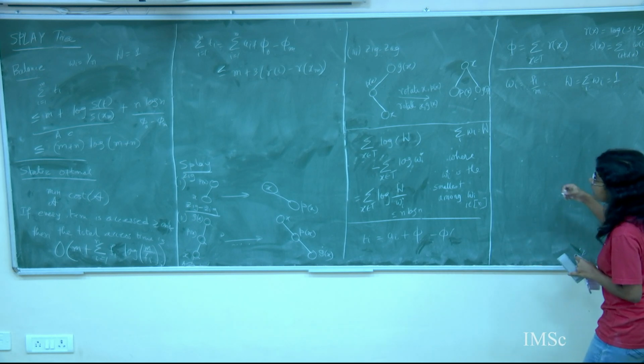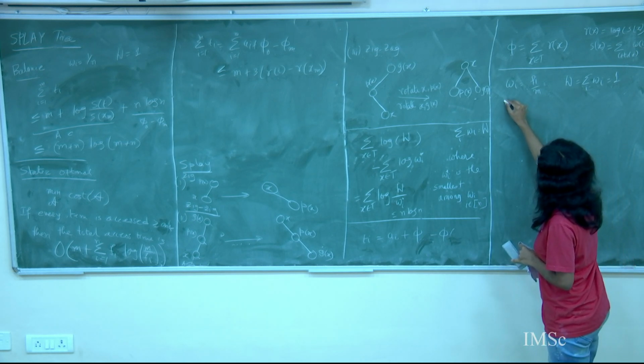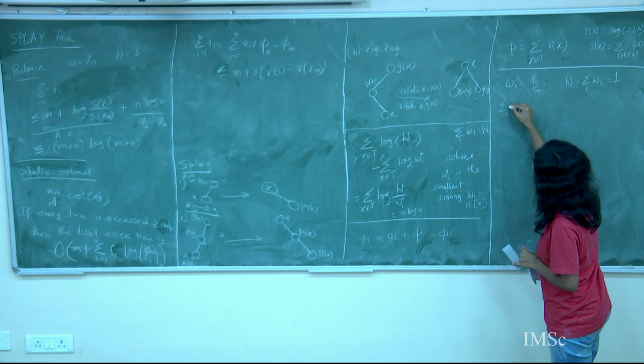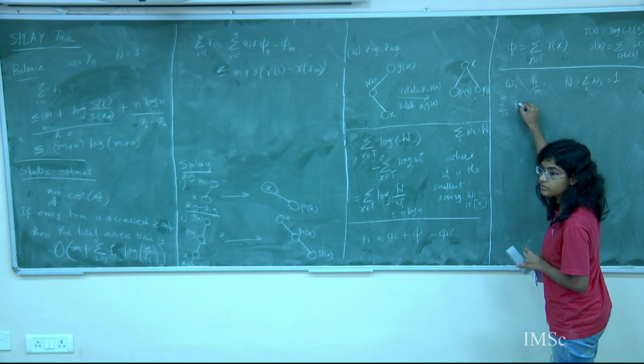Okay, let me just write it. So what is the actual cost? Every time it is accessed at most once, so it will be 1 by m. Yeah.